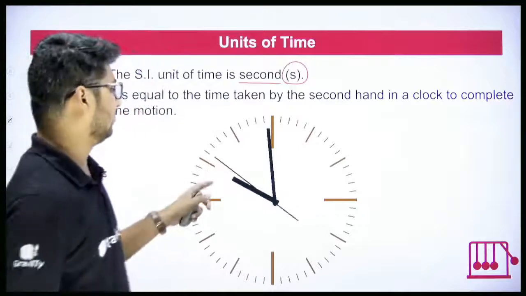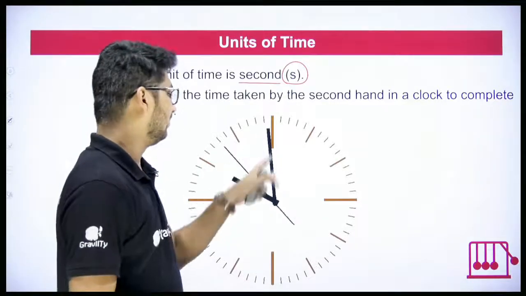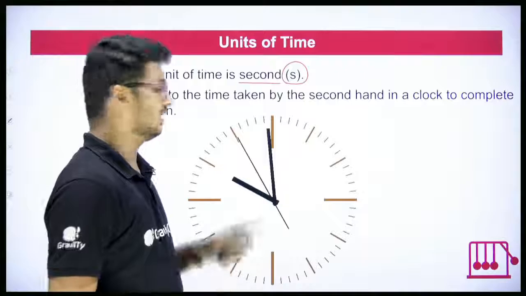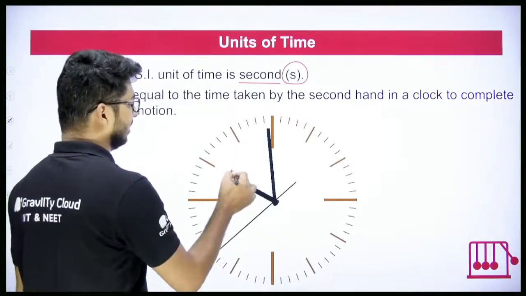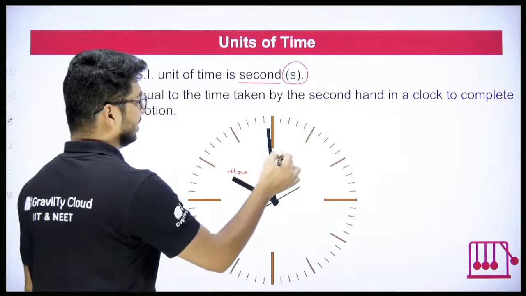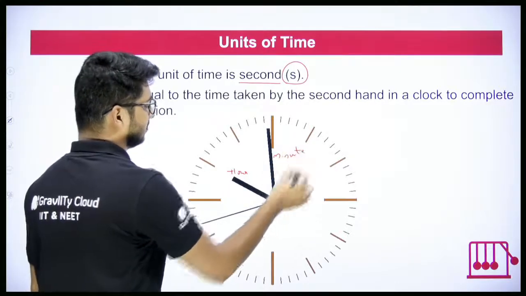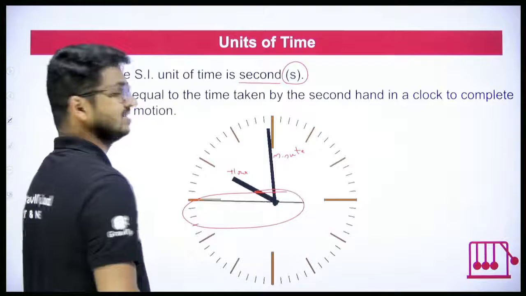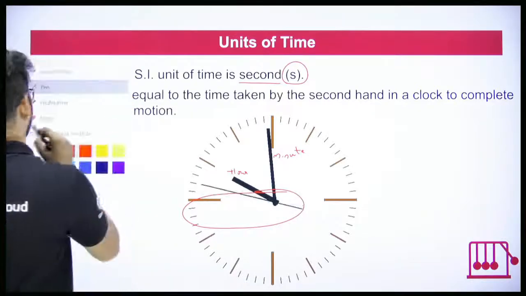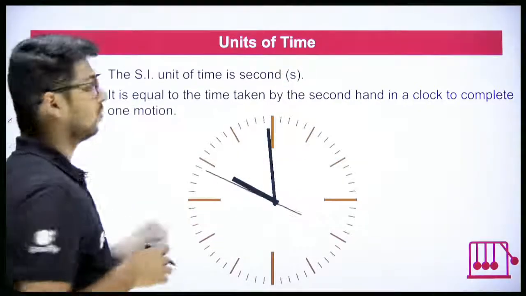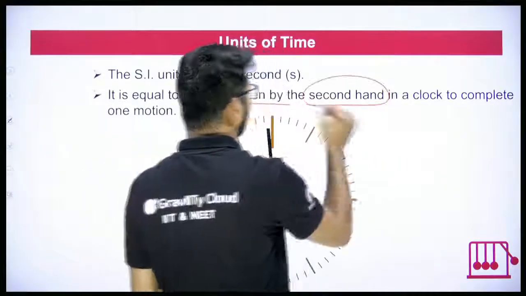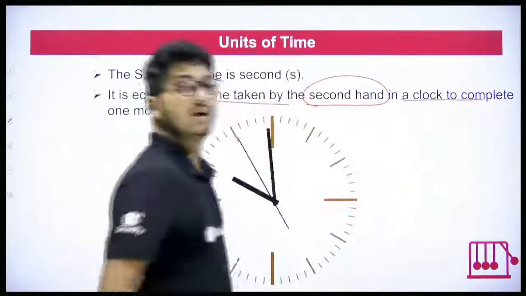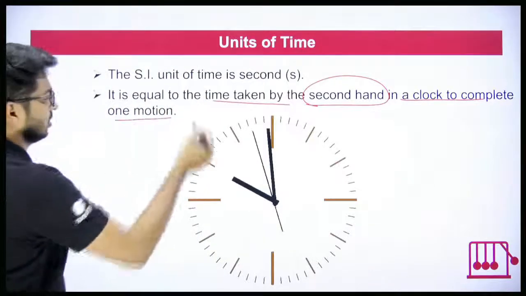You have three different hands here: a minute hand, a second hand, and an hour hand. This is the hour hand. This is the minute hand. And this one that is moving here is the second hand. So 1 second can be defined as the time taken by the second hand in a clock to complete one motion.